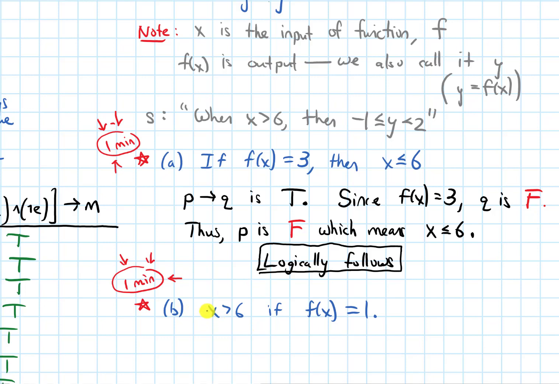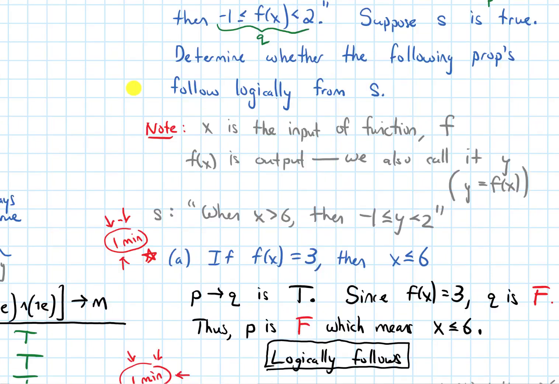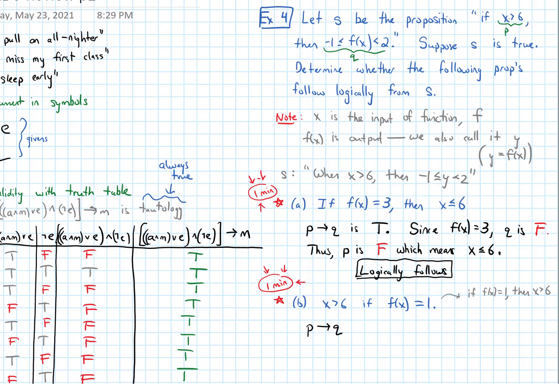The first thing that we want to be super careful about is, notice that the word if is written in a different place. So this statement is actually saying if f of x equals 1, then x is greater than 6. We want to be really careful about that. The wording is important. It's not saying if x is greater than 6, then f of x equals 1. That is really, really important. So again, our implication at the beginning of the problem, P implies Q, is true.